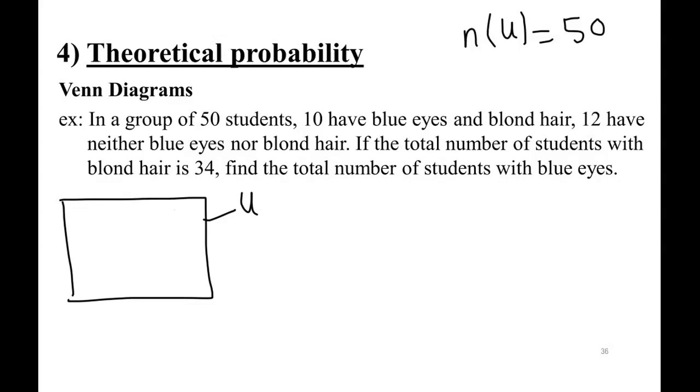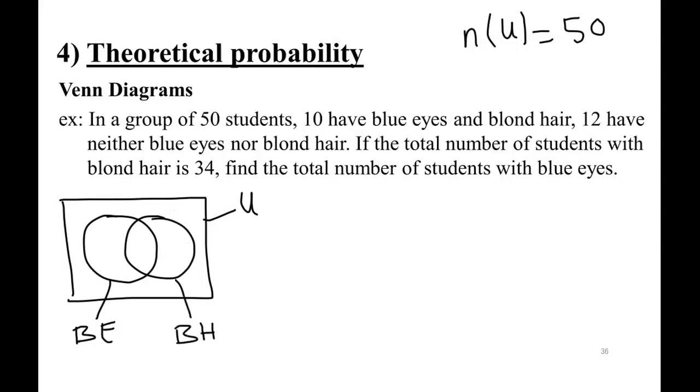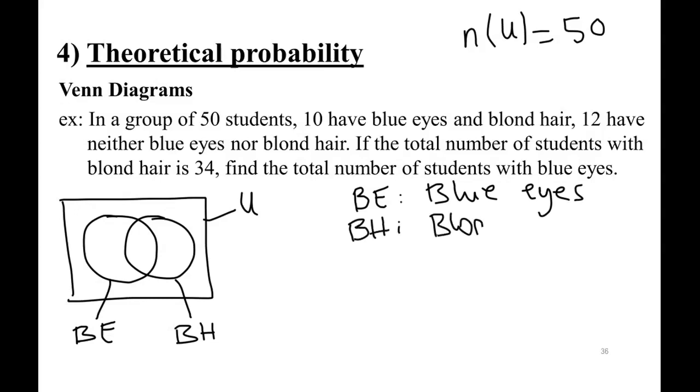So basically we have here two subsets of U, one containing the students with blue eyes, and the second one containing the students with blonde hair. So over here we named BE as the students with blue eyes and BH to represent the students with blonde hair.